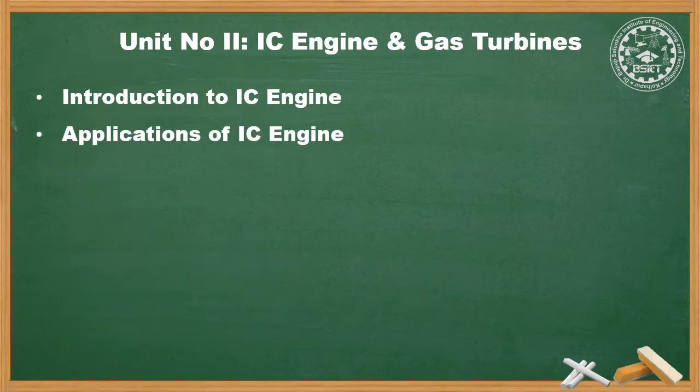The applications of IC engines are automobile vehicles, locomotives, aeroplanes, motorboats, concrete mixers, generators, and the different types of vehicles moving on the road surface are some of the examples of IC engine.